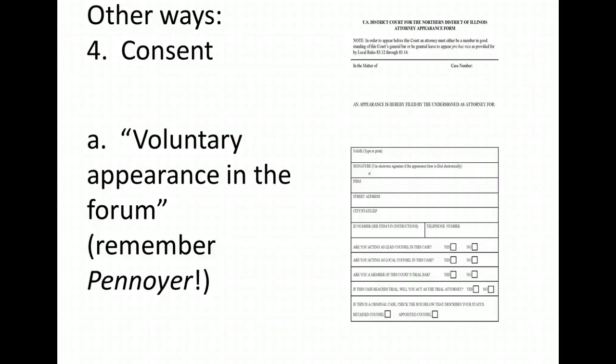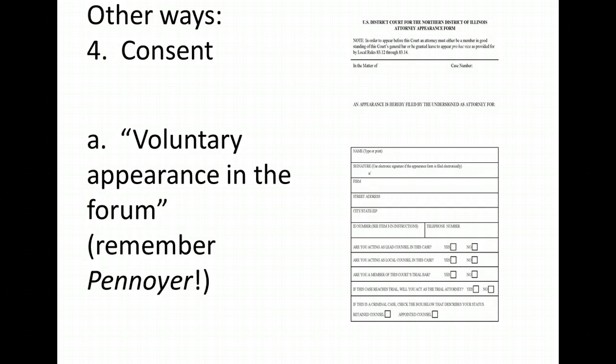The first and most obvious is simply if you voluntarily appear in the forum and defend the case on the merits, you've consented to personal jurisdiction. And that phrase, voluntary appearance in the forum, actually stems from Pennoyer versus Neff.